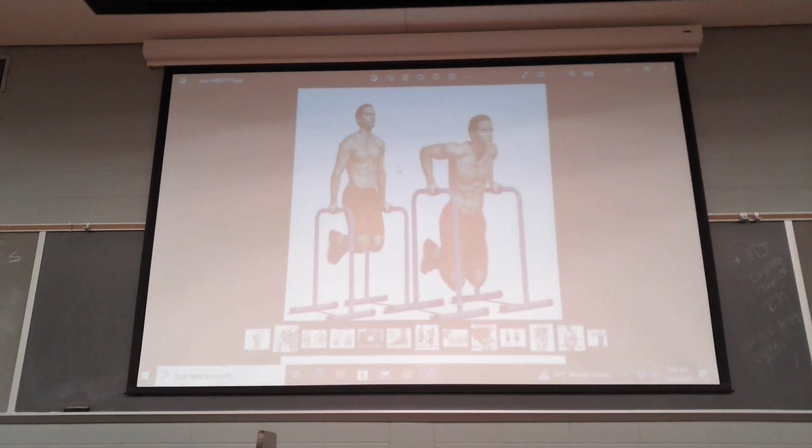In other words, if I ask you which picture is most like a shrug, like when you bring your shoulders up, even though that's your scapula, you'd say, well, the one on the right, that's elevation, to go from here to there. And from here to there is depression. Make sense? Okay.